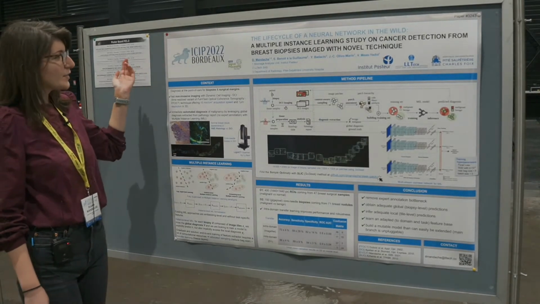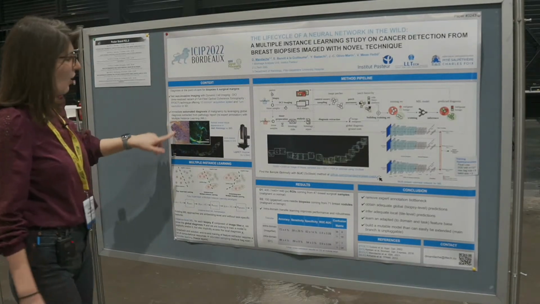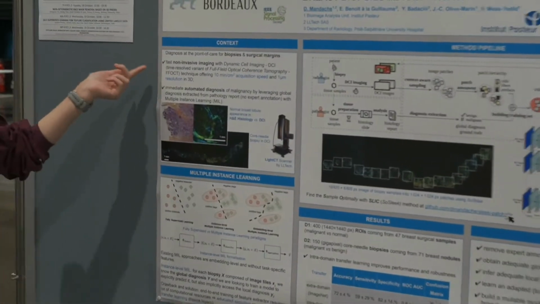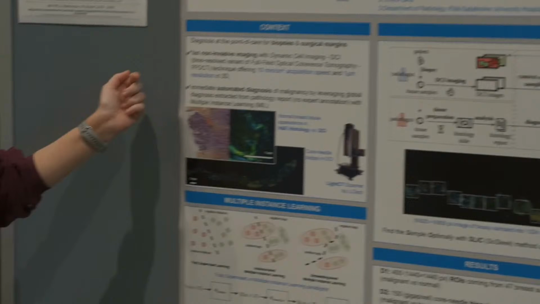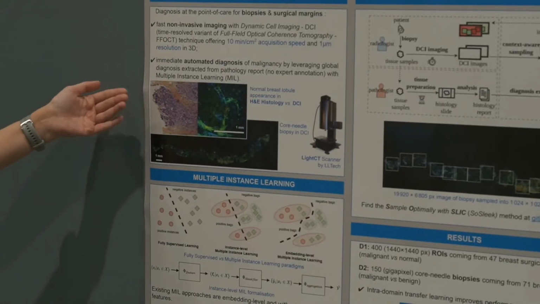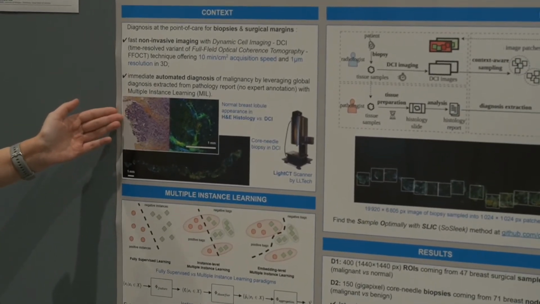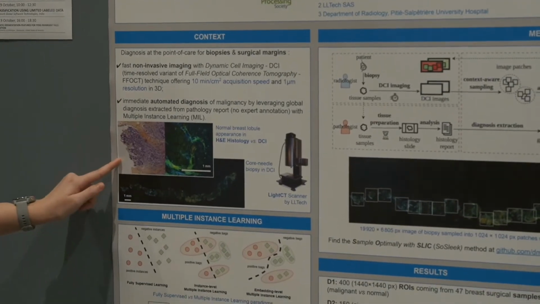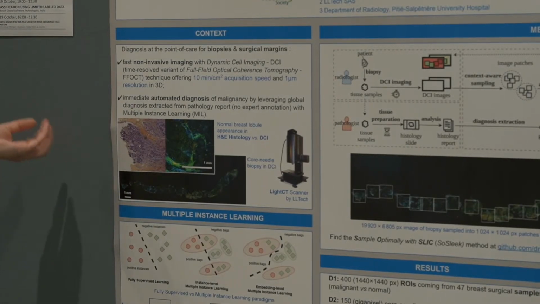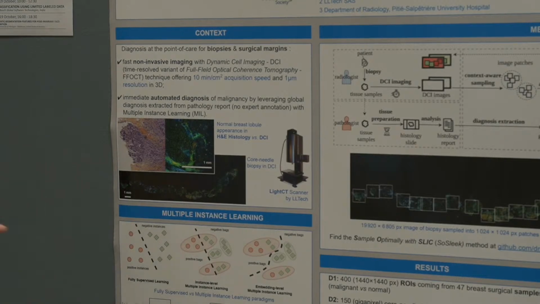So my work is on this new imaging technique, which is called dynamic full field optical coherence tomography, and it's supposed to help pathologists overcome the very high acquisition time of gold standard histopathology, which is the principal way of doing tissue assessment for cancer detection or any kind of very thorough diagnosis at the cell level.